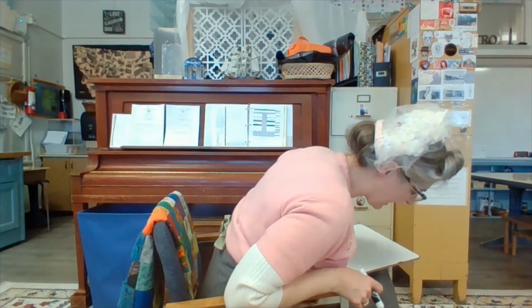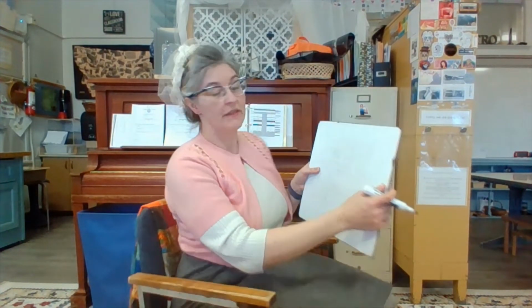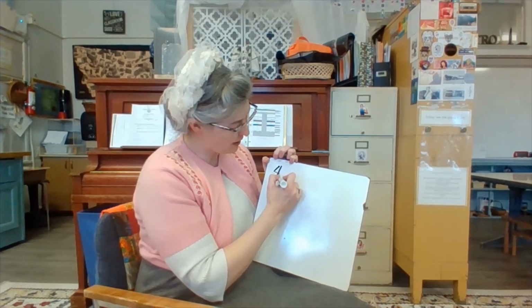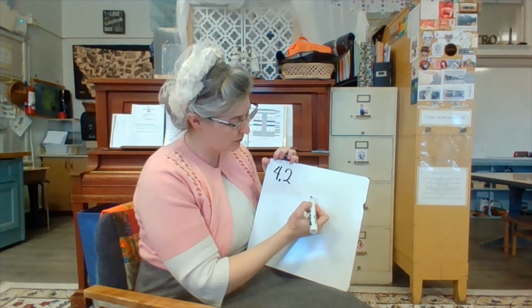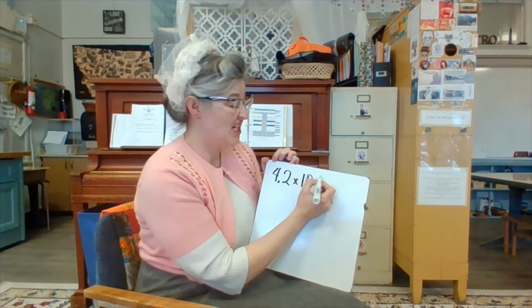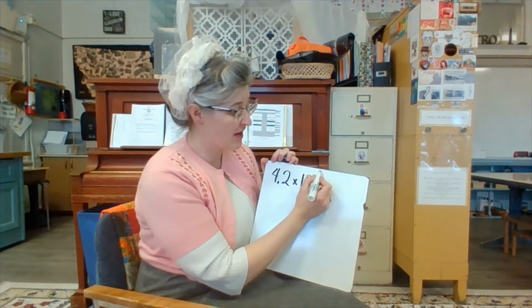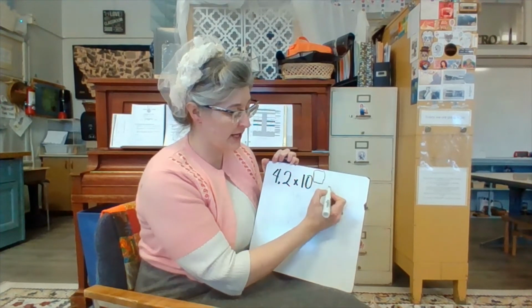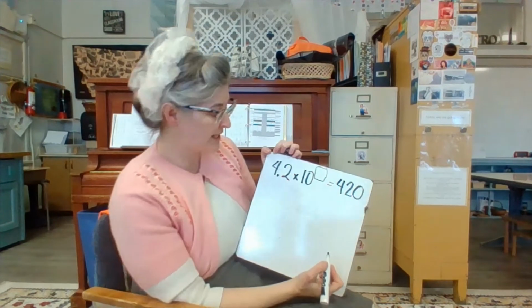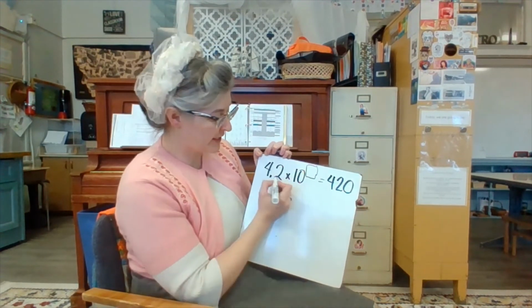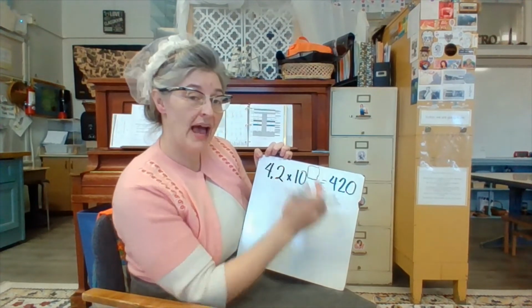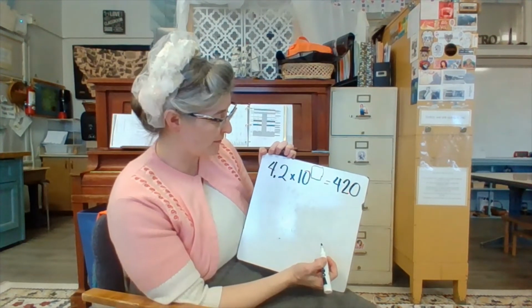So let's say that I have a number 4.2 times 10 to some kind of power. I don't know what the power is, and it equals 420. Well, this is where I started, this is where I ended, and I'm going to figure out how many place values I shifted over.